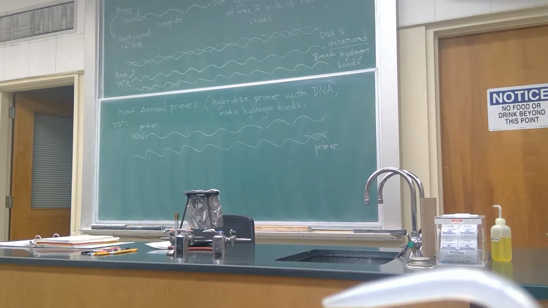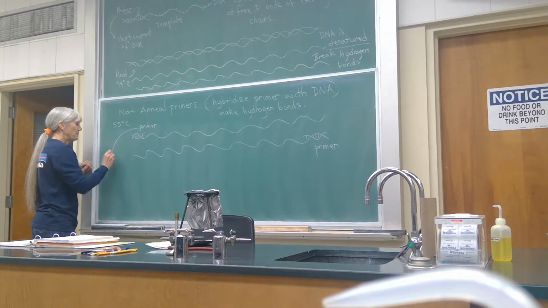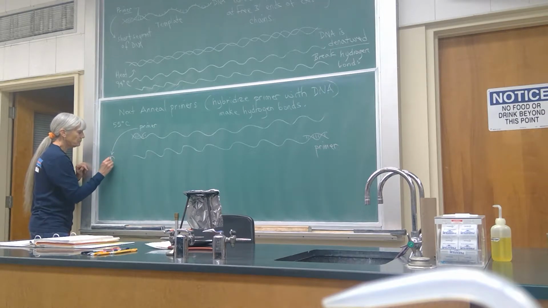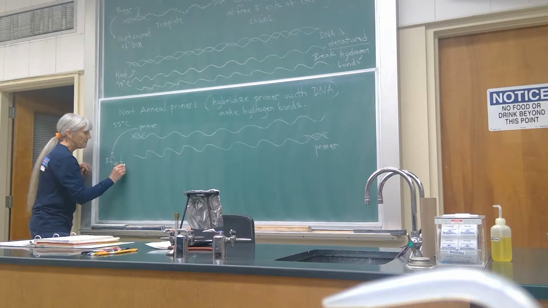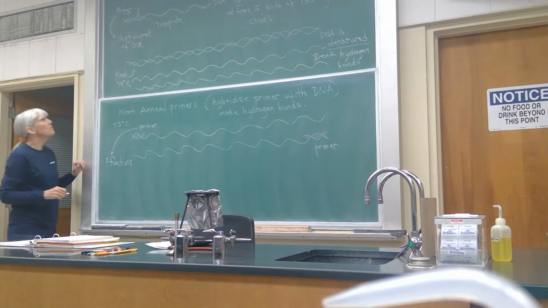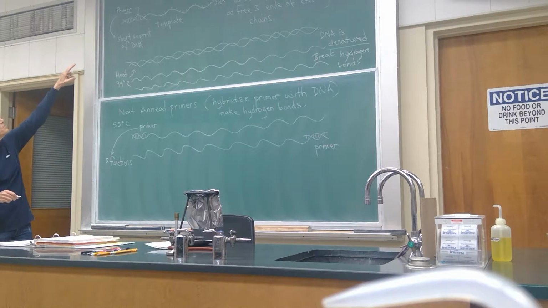Now, those primers didn't just randomly get put in those specific places, because those primers were designed to amplify a specific gene. The primers have three functions, actually. One function I mentioned up there, the primer makes the DNA a duplex.